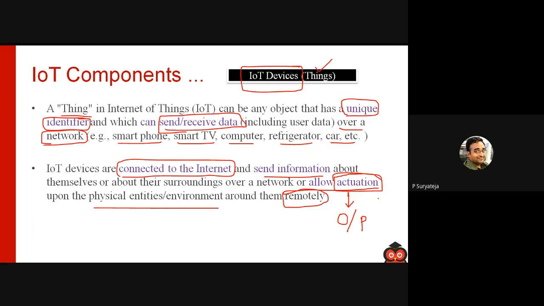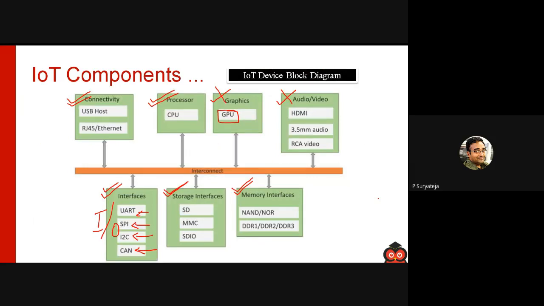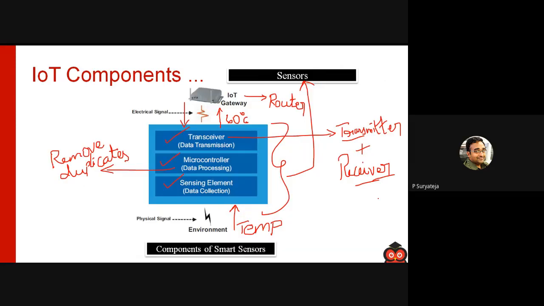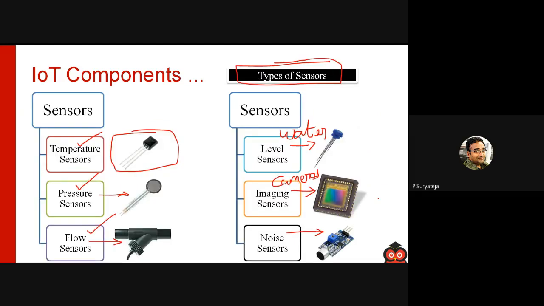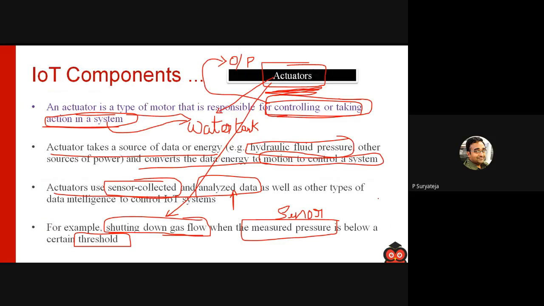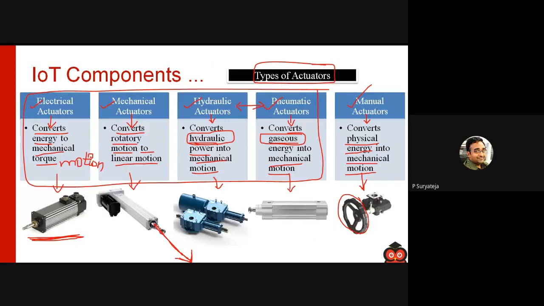Then we have seen IoT devices, which are also called things, and the block diagram of the thing or IoT device. Then we have seen sensors, the definition of a sensor, structure or components of a sensor. Then types of sensors, sensor characteristics, and then actuators, the definition of an actuator, what it does, and finally types of actuators.